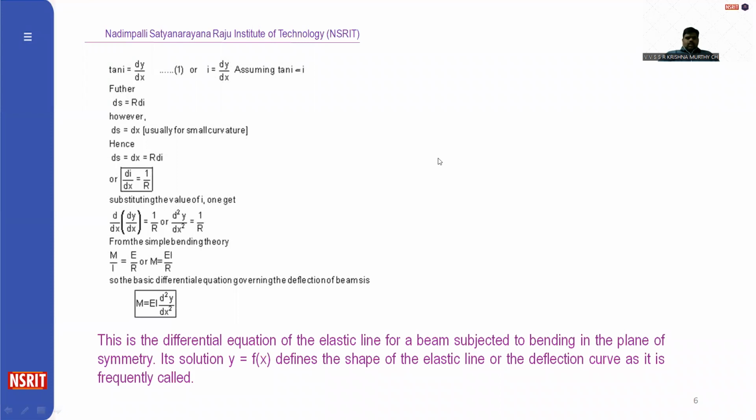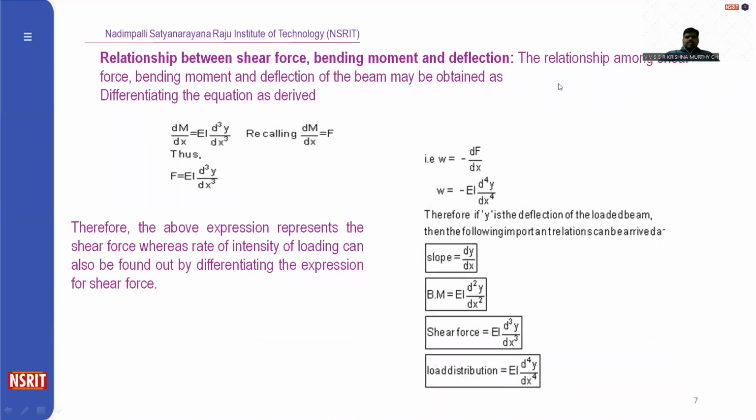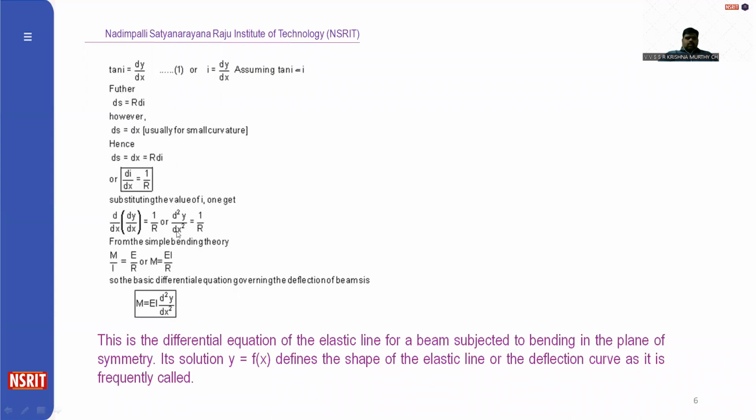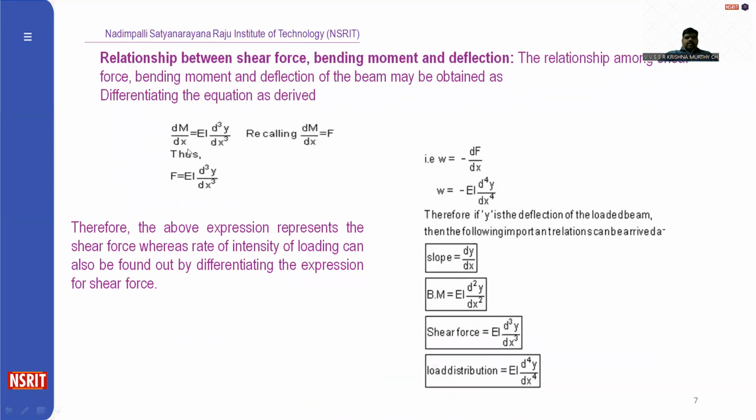Now let us discuss the relationship between shear force, bending moment, and deflection. Let us take the bending moment differential equation which I got here: dM by dx is equal to EI d cube y by dx cube. Recalling, the shear force is nothing but the change in moment with respect to x.